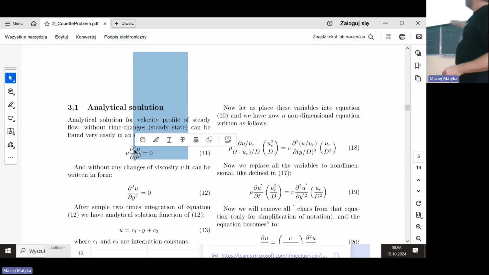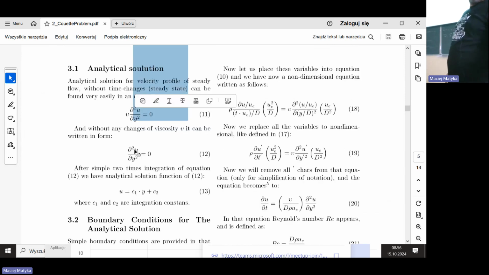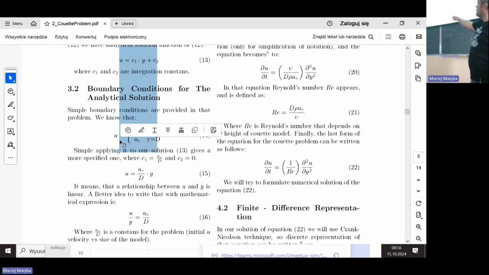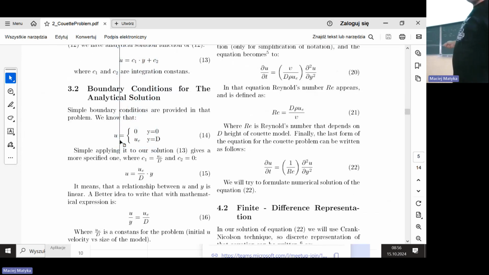And now we see that our second derivative is equal to 0. So our equation can be written in this form. Now we can assume some solution, and it's pretty simple. So this is the solution. We put some boundary conditions. The velocity at this boundary, which is here d, not a, is constant, at this boundary is 0, and we have the linear solution. So basically the solution is here.